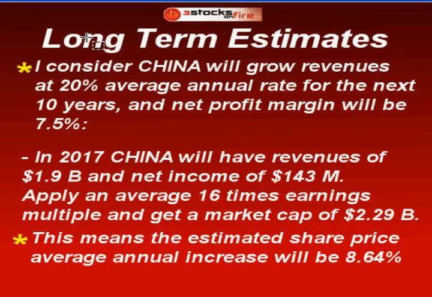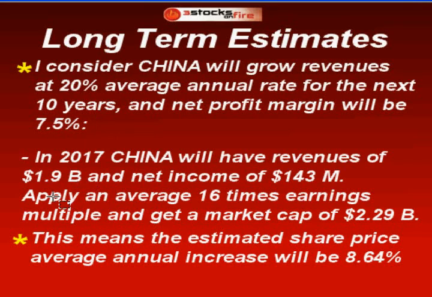This is a bit of the best case scenario. I consider China will grow revenues at a 20% average annual rate for the next 10 years. Net profit margin will be 7.5%. This means that in 2017, given these assumptions, China will have revenues of 1.9 billion and net income of 143 million.